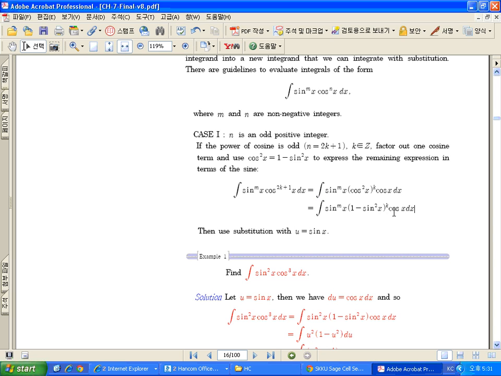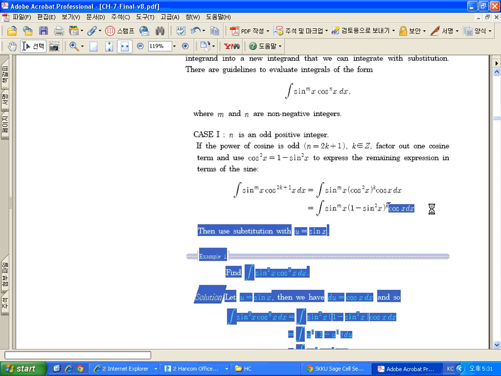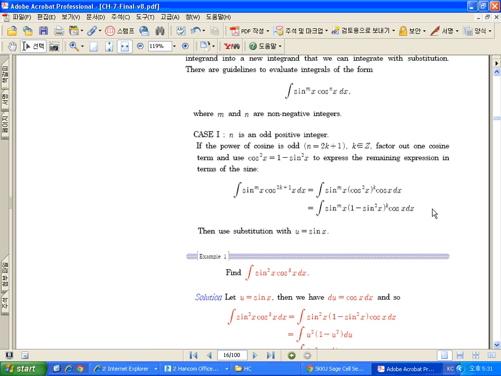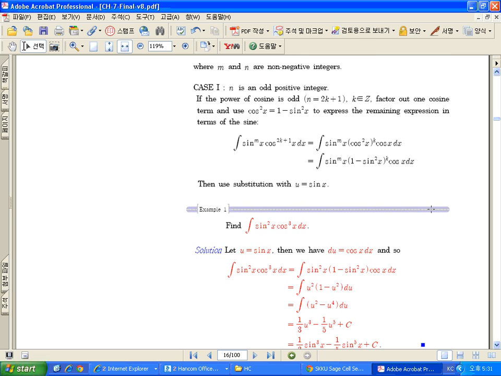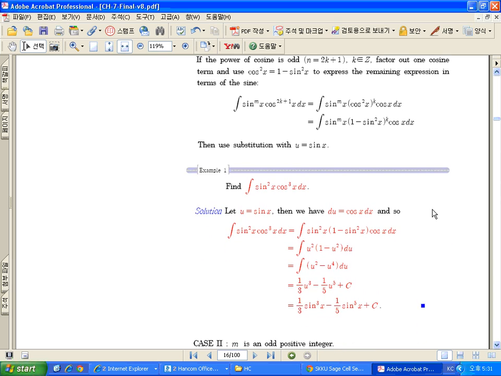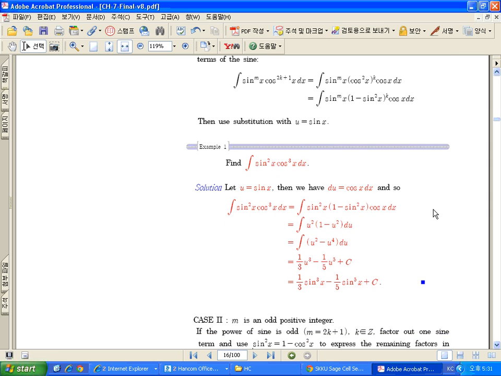So if you substitute sine x as u, then du can be written as cosine x dx. So integration by substitution will be used in this process of integration.